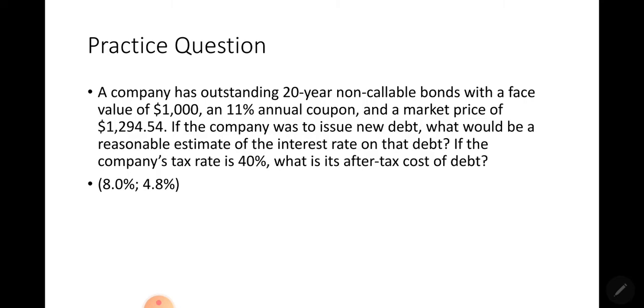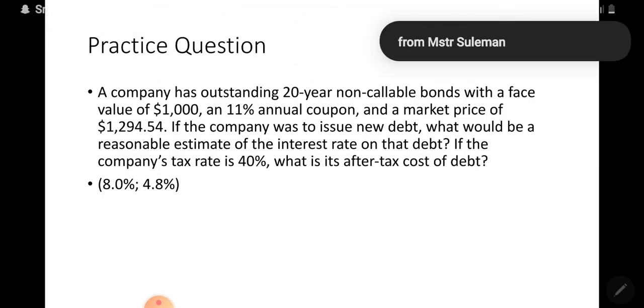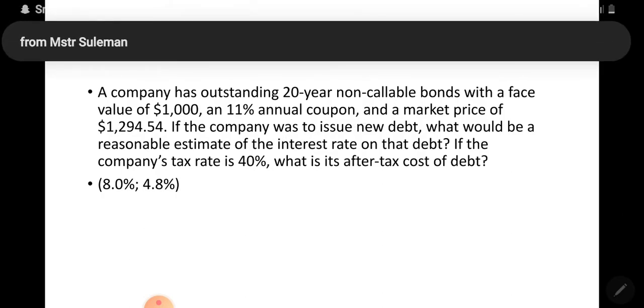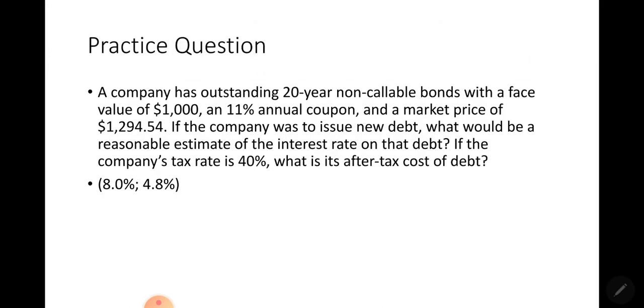So let's look at an example as well. A company has outstanding 20-year non-callable bonds with a face value of 1,000, an 11% annual coupon and a market price of 1294.54. If the company was to issue new debt, what would be a reasonable estimate of the interest rate on that debt?